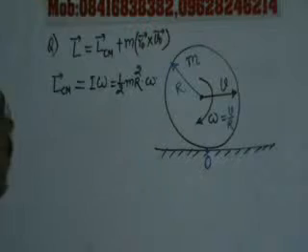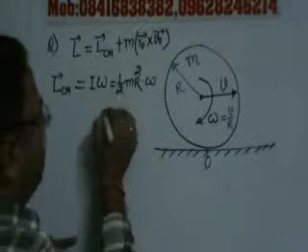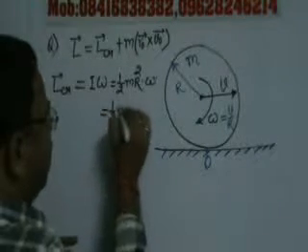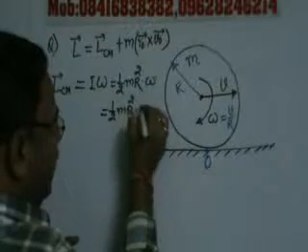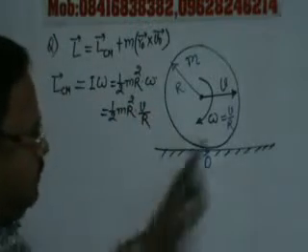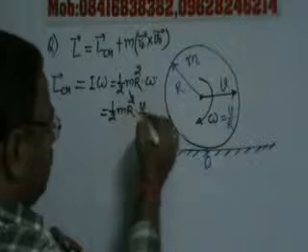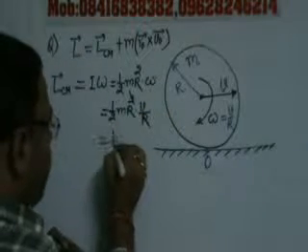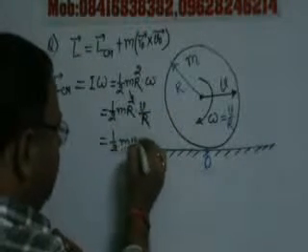And what is the value of omega? It is v by r, so the square cancels, and this is half m v r.